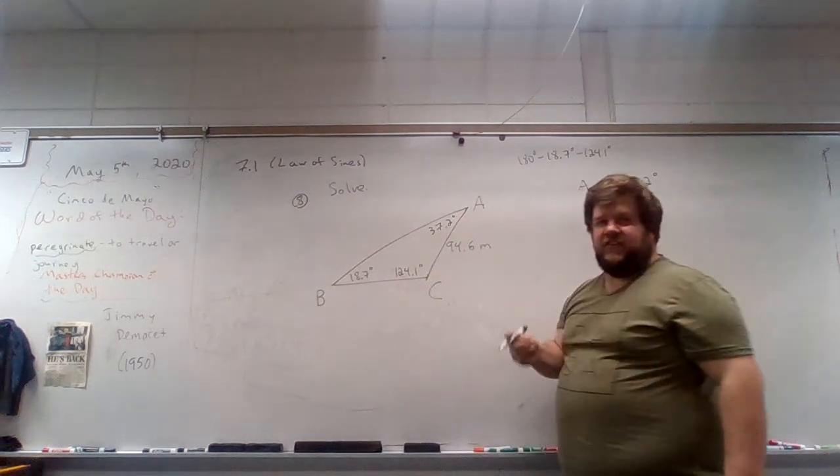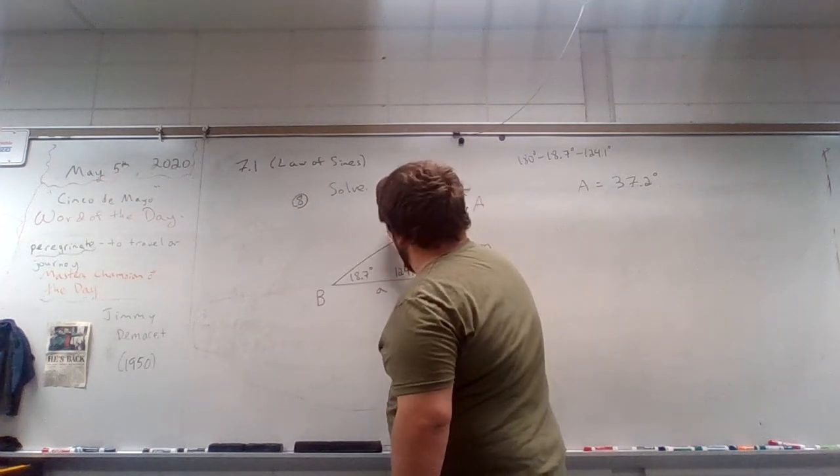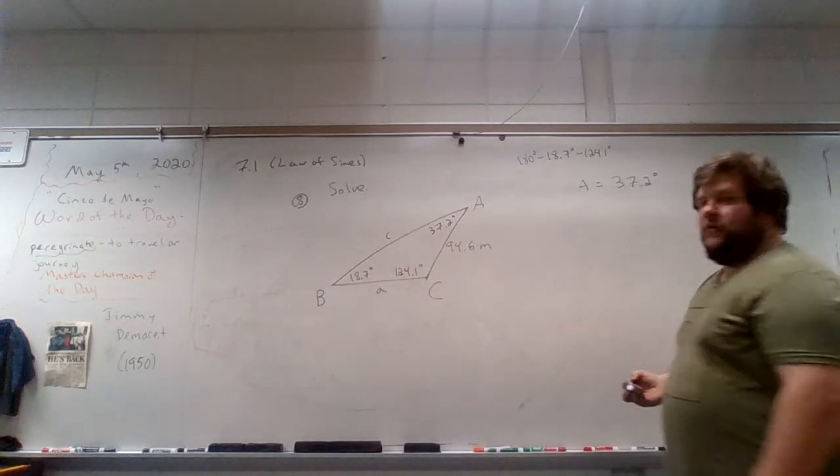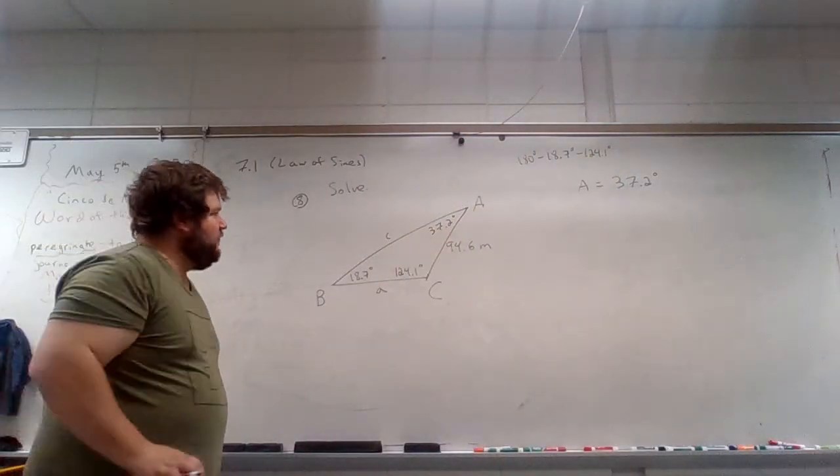And then what are my missing sides? Well, I'm missing my little a here, and I'm missing my little c here. So I would like to set up equations to go through and find those if I can.